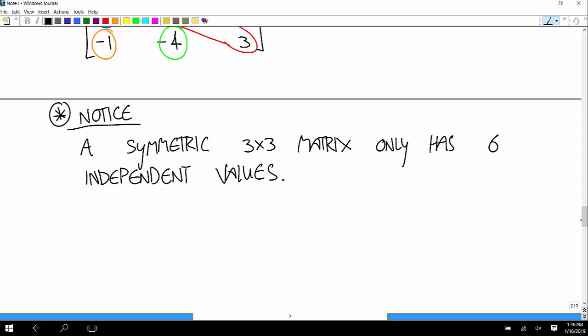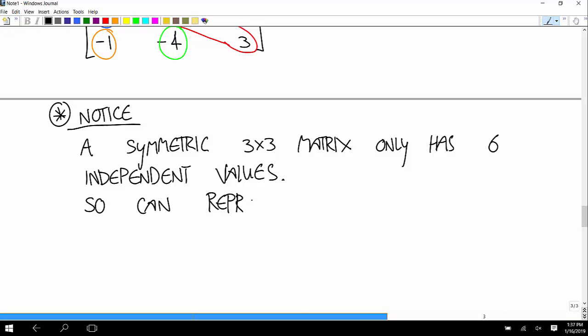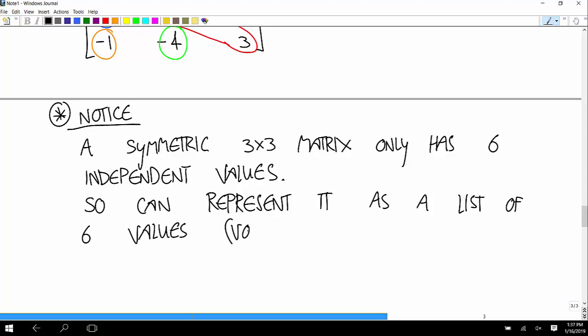And so that's the connection that we're going to have between these 3 by 3 matrices. So you can represent, by it I mean a symmetric 3 by 3 matrix, as a list of 6 values. And that's what the Voigt form is.